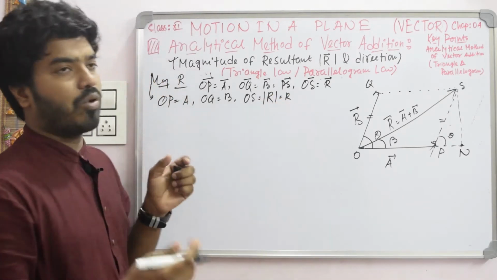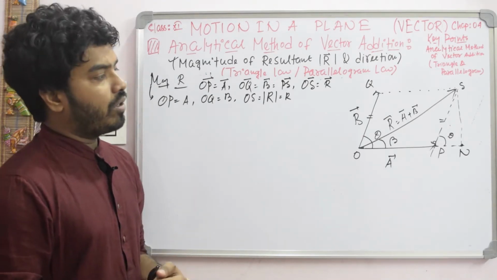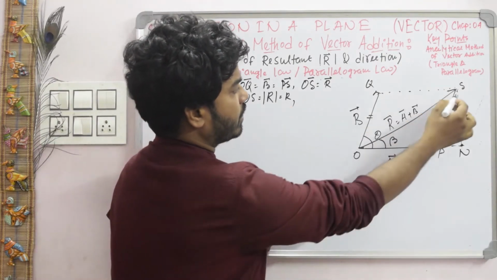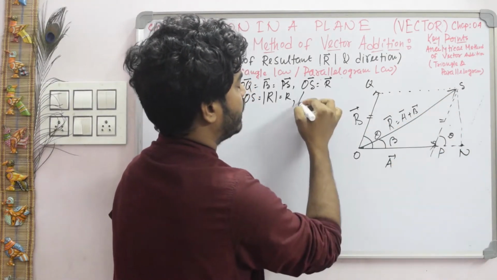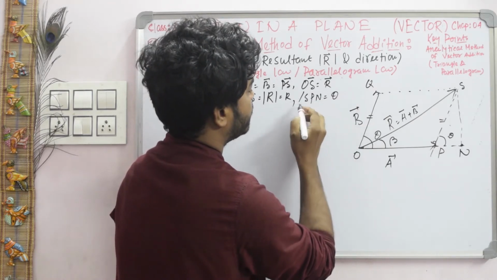You can say this is mod of R, or only R. Now what is angle theta? Here angle theta is this one, SPN. SPN represents angle theta.